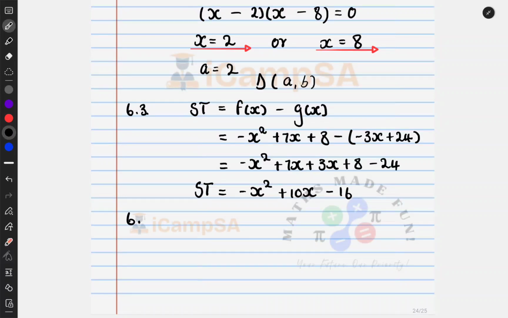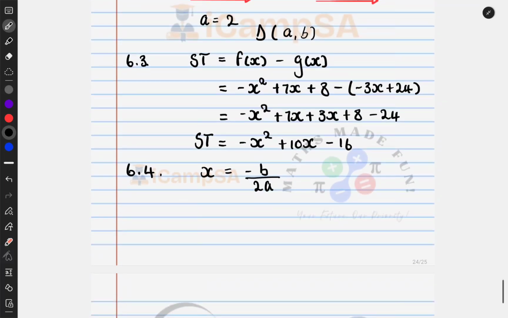So we have 6.4. We are looking for the turning point first. We'll use the vertex formula, which is x is equal to minus b over 2a. So our b there is what? It is 10.